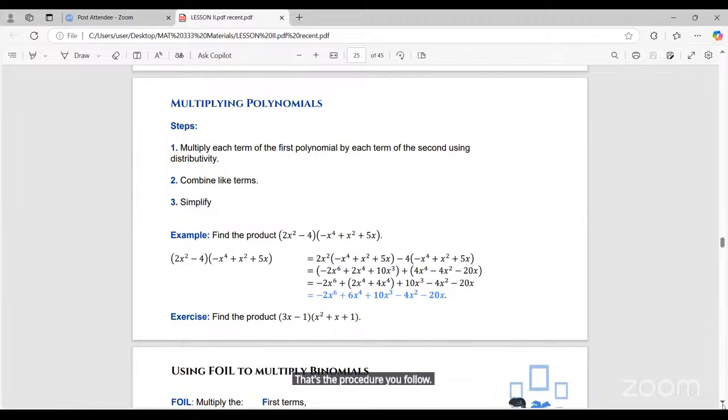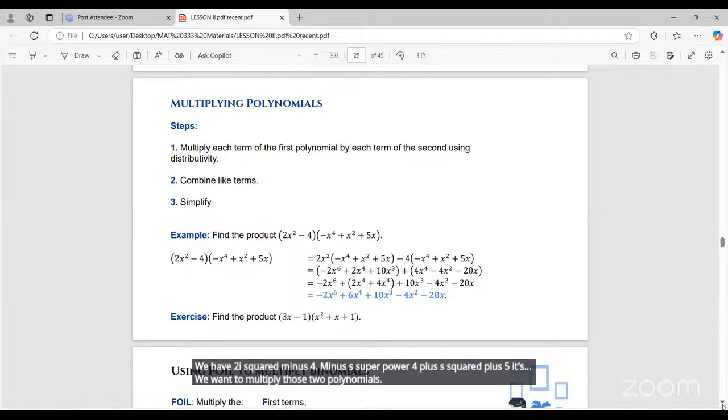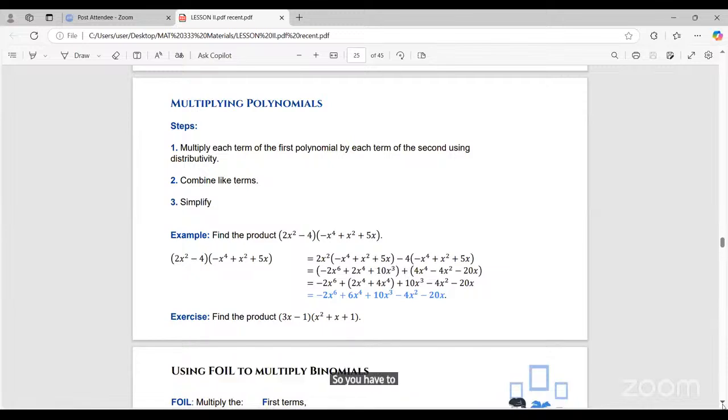Now, let's look at the example. We have 2x squared minus 4 and minus x to the power 4 plus x squared plus 5x. We want to multiply those two polynomials. So you have 2x squared multiplying the second polynomial and minus 4 also multiplying the second polynomial.